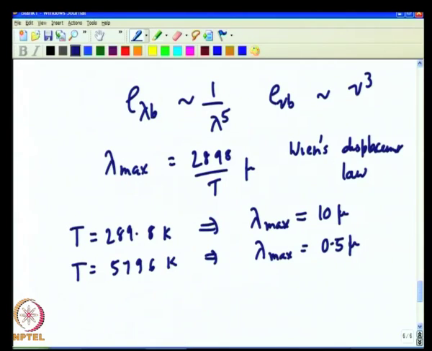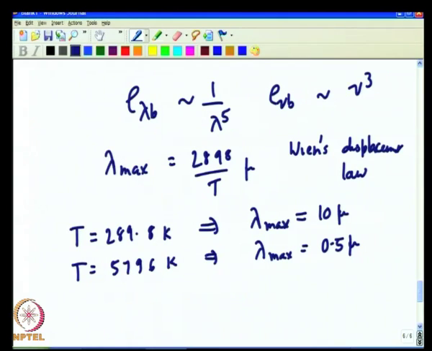For bodies around room temperature, the peak is around 10 micron, while for bodies such as the sun, which is at high temperature, the maximum is around 0.5 micron. And this information will be very useful when you want to determine the amount of radiation absorbed from the sun, for example. Then it means that you need to have a surface which absorbs radiation very effectively in this region around the visible. So, this issue we will take up again a little later.